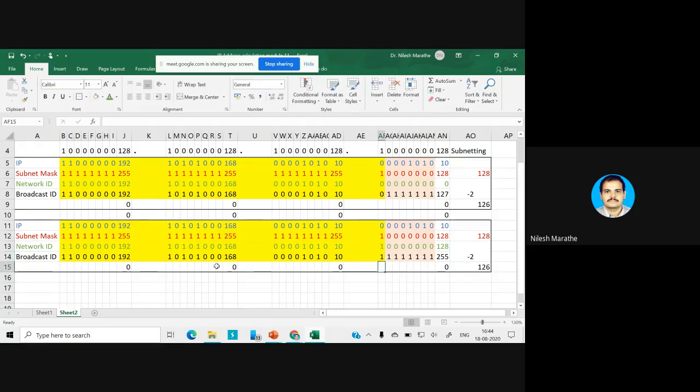Now let me explain what will become the network ID. It will start from 192.168.10.128 and end at 255. The first one starts from 0 and ends at 127. So of one portion I have made two portions.